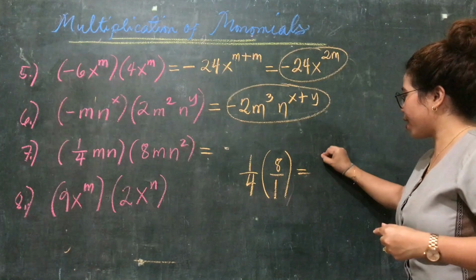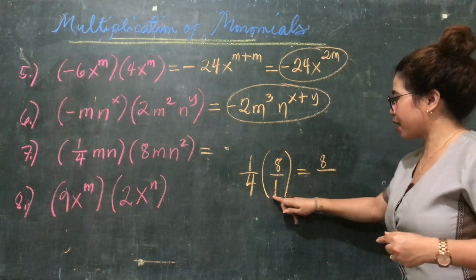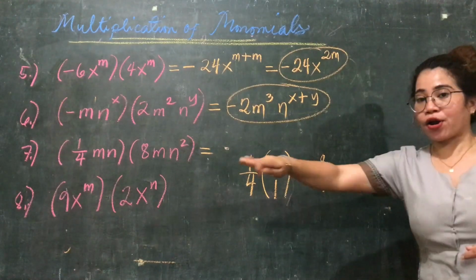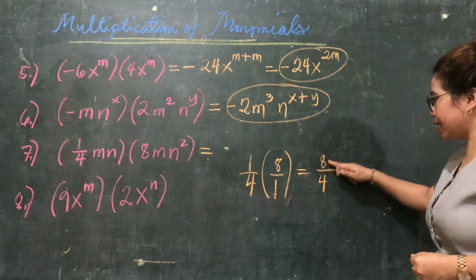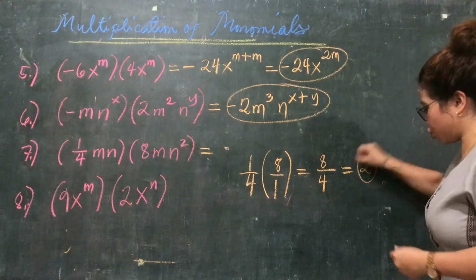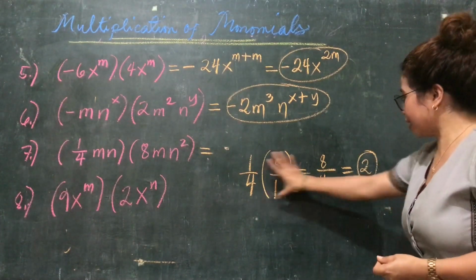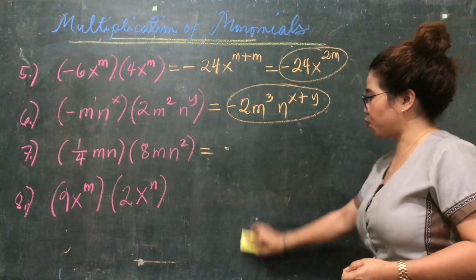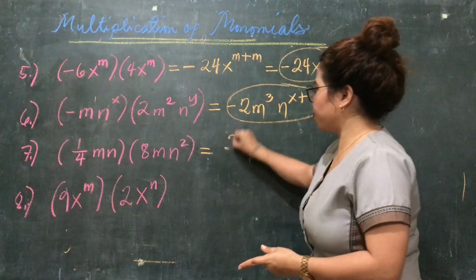1 times 8, you have 8. Sa baba ta 4 times 1, you have 4. I-reduce na nato siya. Ang kanang bar, that is divide, ang 8 divided by 4, the answer is 2. That means, kanang 2, diri, i-rewrite na nato. 2.